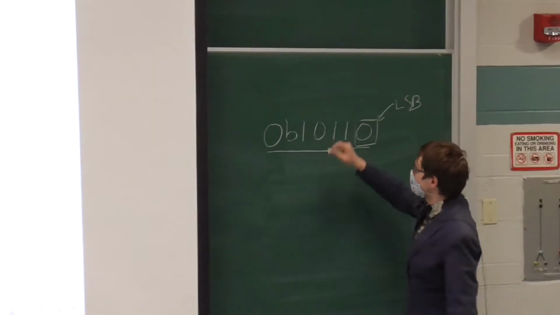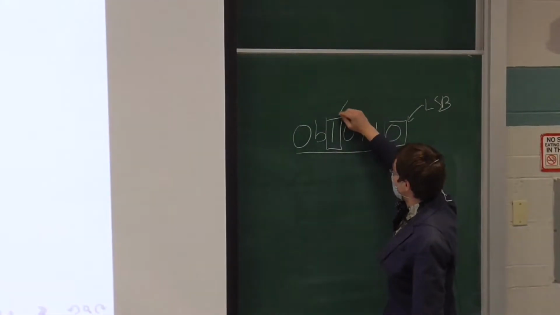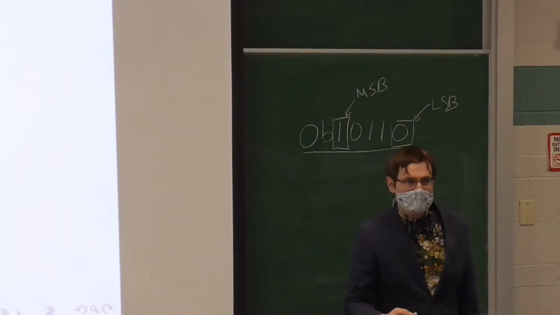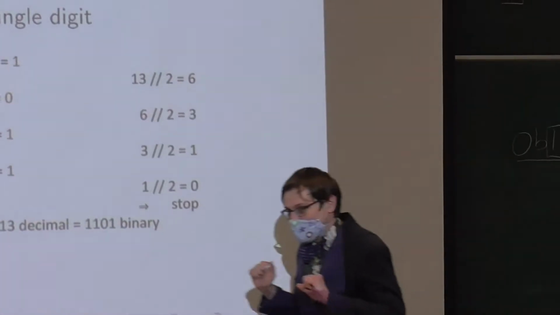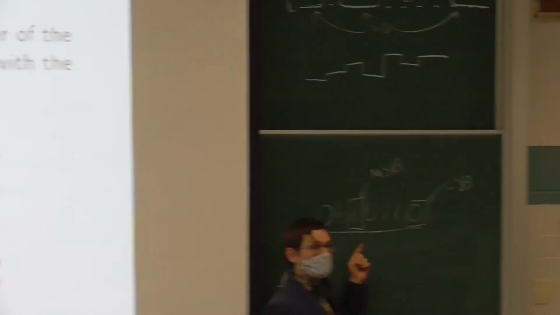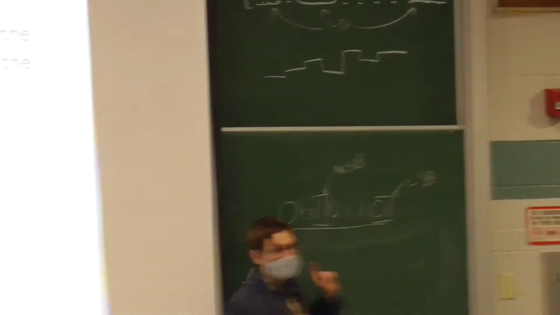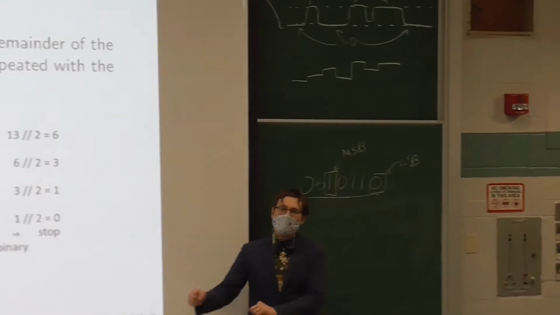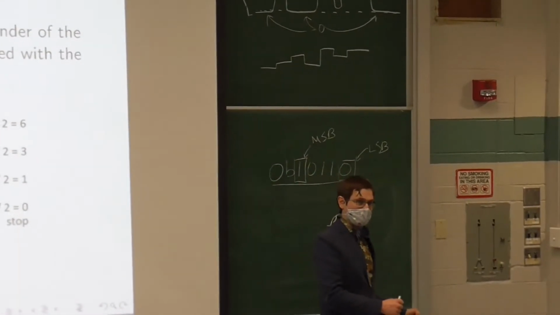That bit which contributes most to the value of that number is the most significant bit, right? It turns out, in the actual guts of the computer, some systems put the most significant bit first. Some systems put the least significant bit first. It actually doesn't matter so long as it's done consistently.